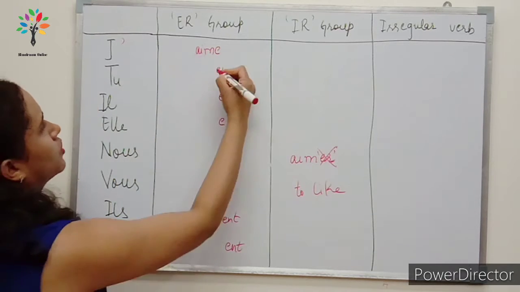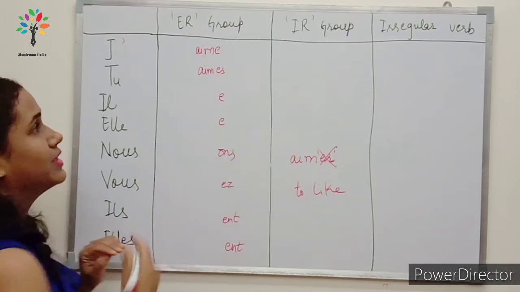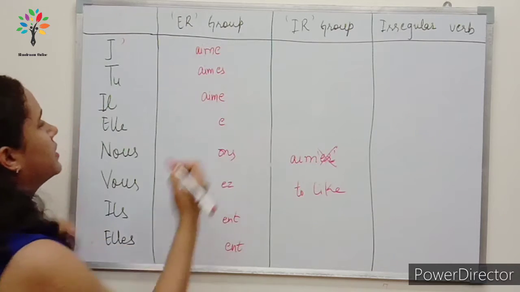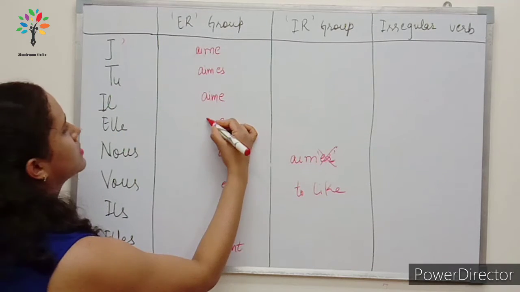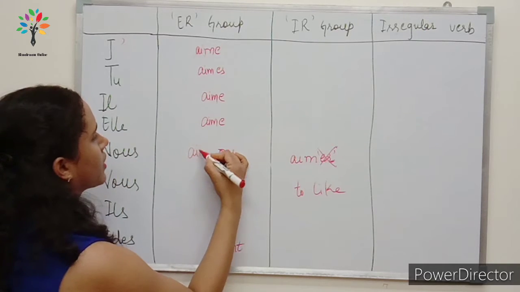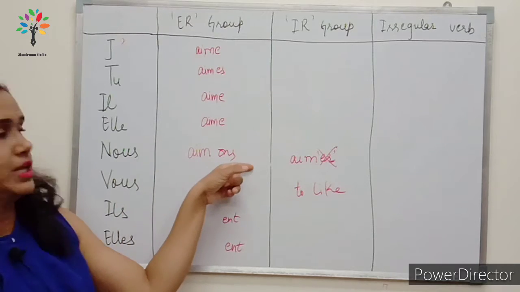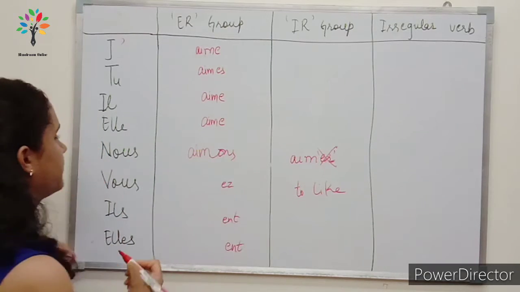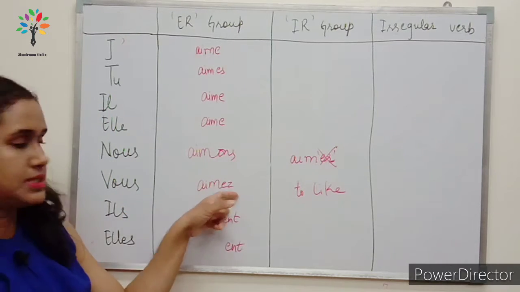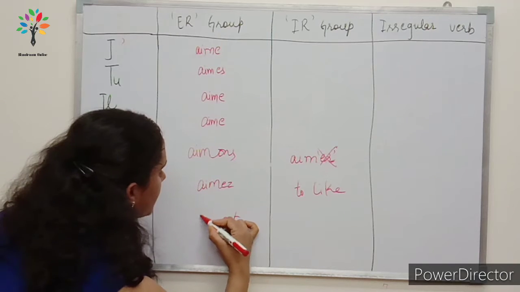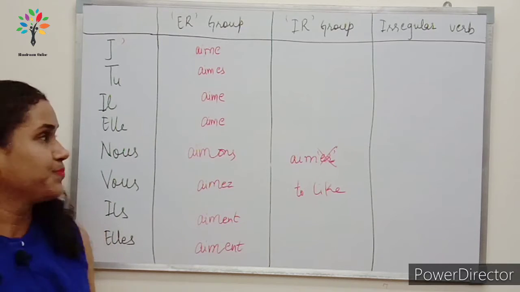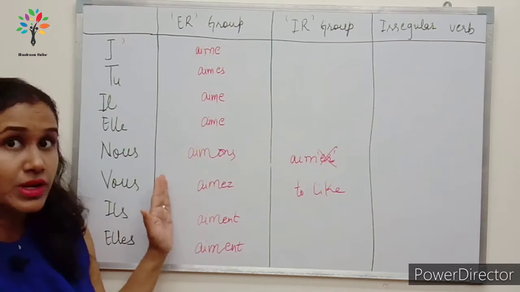Tu aimes, il aime, elle aime, nous aimons, these two come together. Vous aimez, and ils and elles aiment. I hope it is more clear now.